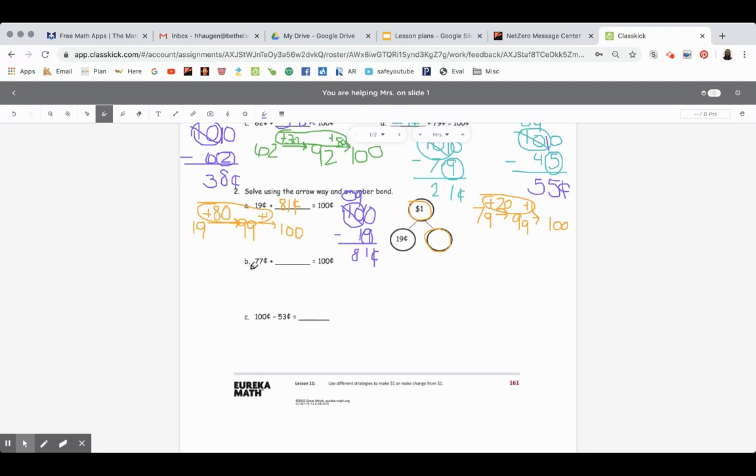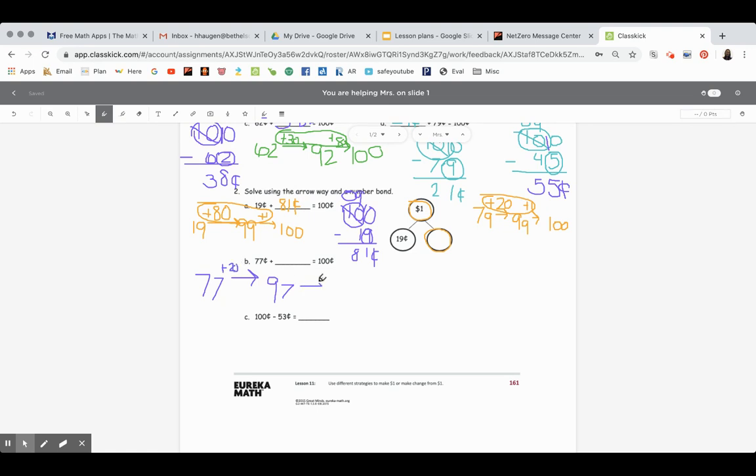For B, 77 plus something gives me 100. So 77, count by tens, we'll get to as close to 100 as we can without going over. So 77, 87, 97. Well, I only held up 2 fingers, so that was 2 tens, which was 20.